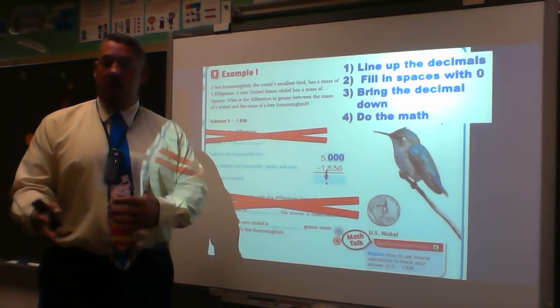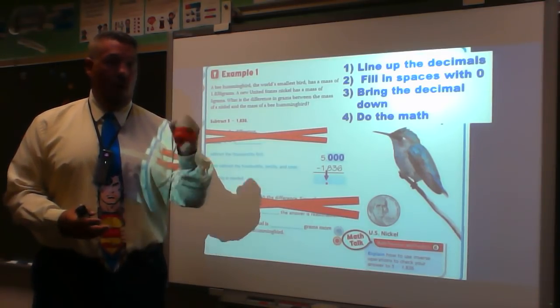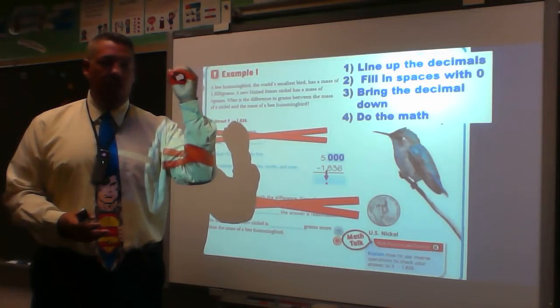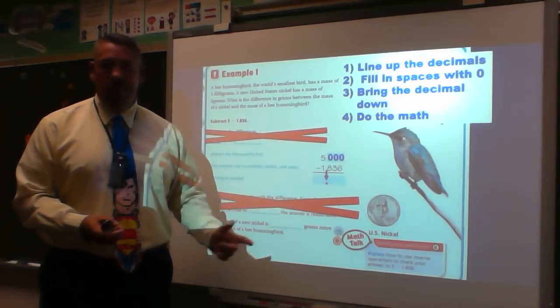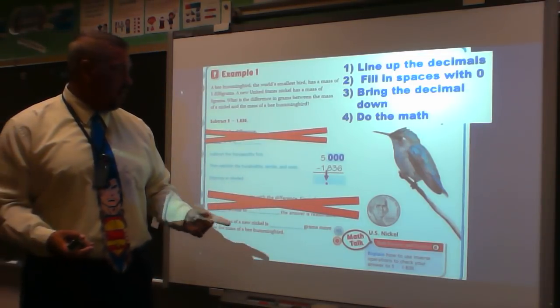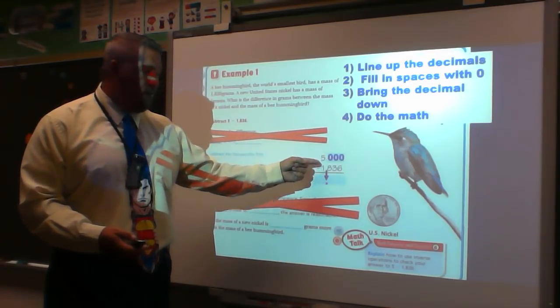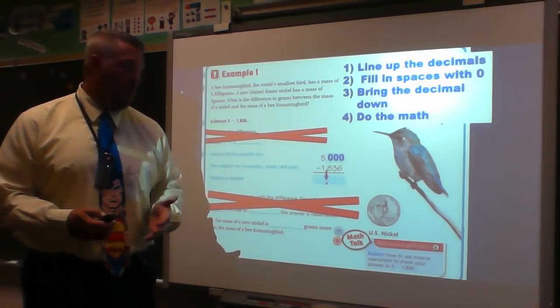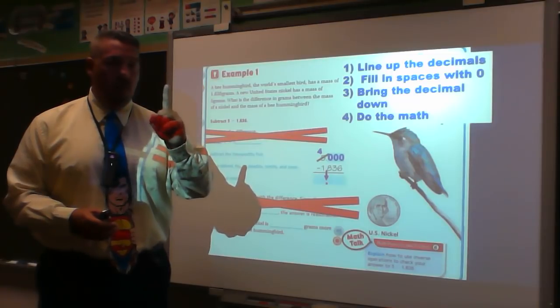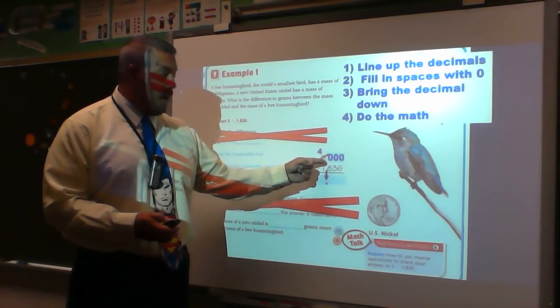So 0 minus 6. Well, if I hold up a 0, I can't take 6 from it. I can't do that. I'm going to borrow from a 0. Can't do that either, can I? So it takes me all the way over to the 5 that I'm going to borrow from. So I have to borrow from my 5 to begin with, and I always borrow 1. Now that would make this a 10.